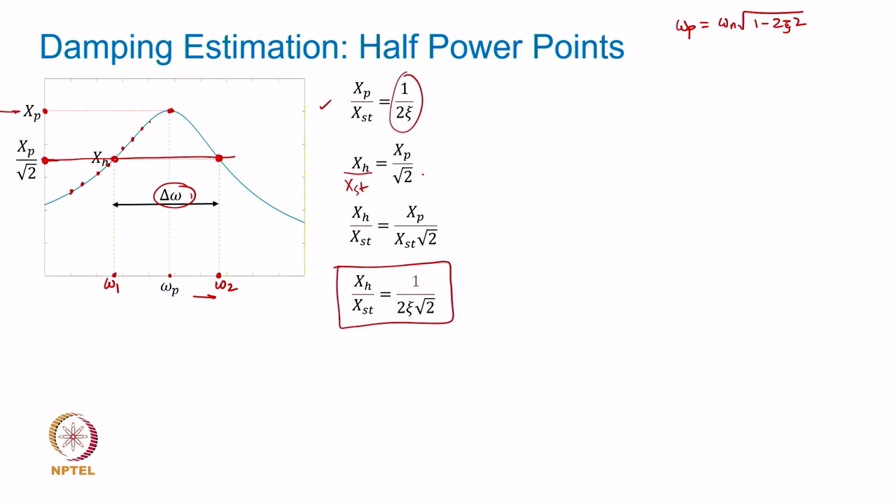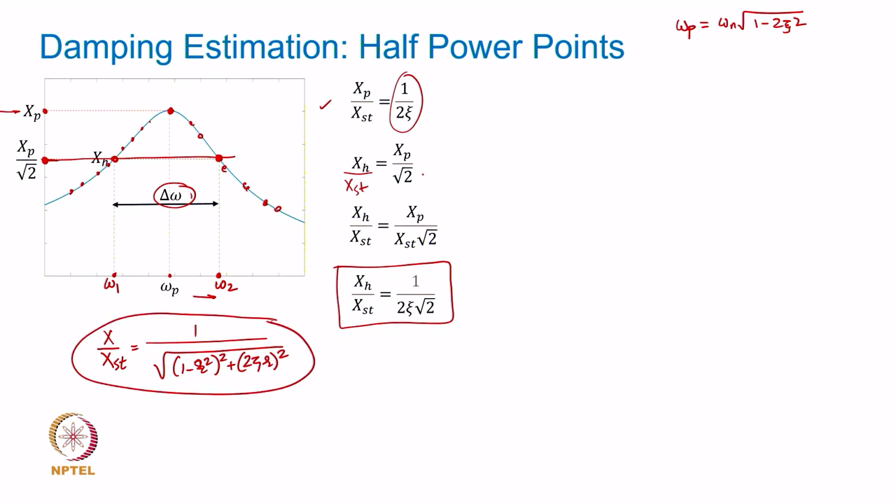Now, except for the peak point, all the points on the response curve follow the same expression, 1 minus r square whole square plus 2 zeta r whole square.